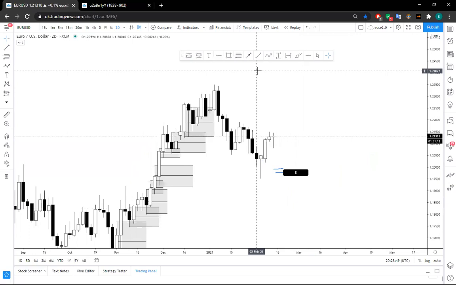A V shape is basically, do you guys know how this is your open and your high, and this is your, for example, a bearish candle, this is your close and your low. So if there was a bullish candle here, this is now your open and your low, and this is now your close and your high.